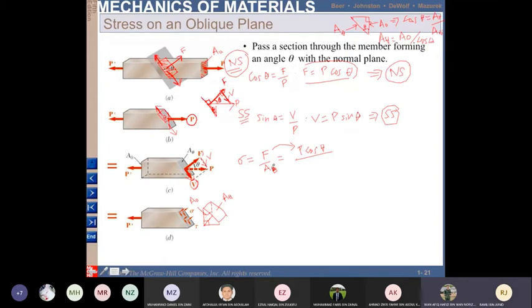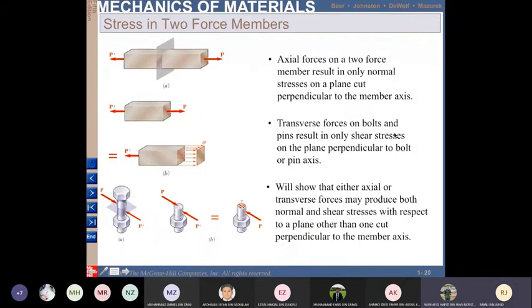So A theta is equal to A original over cos theta. So if you simplify, you will get P over A original cos square theta. Faham tak? Faham. Siapa tak faham boleh tanya.